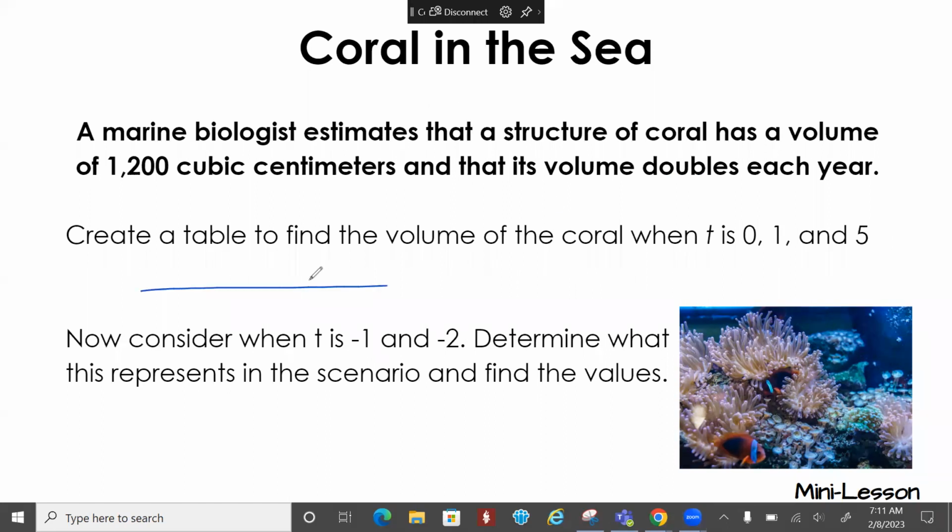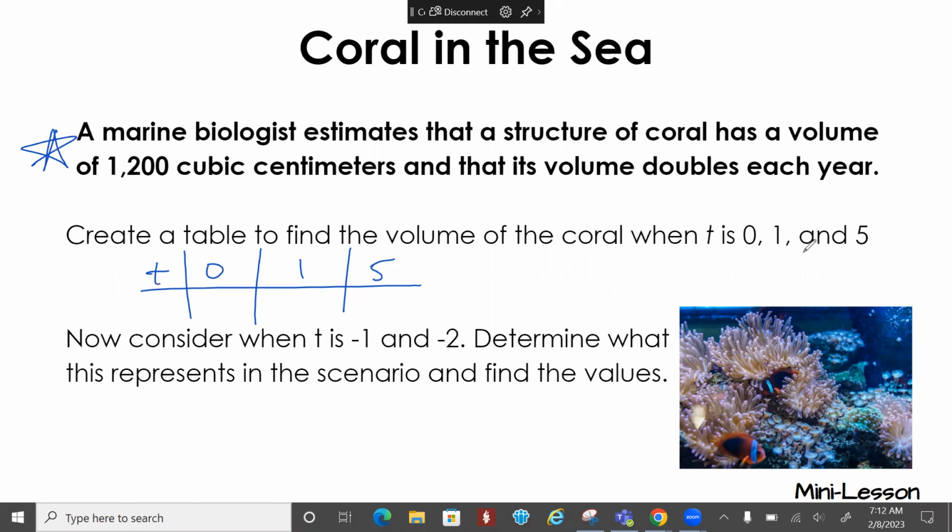Okay, so here's our table. T is going to be 0, 1, and 5. So what is our starting amount from this little sentence that they give us?